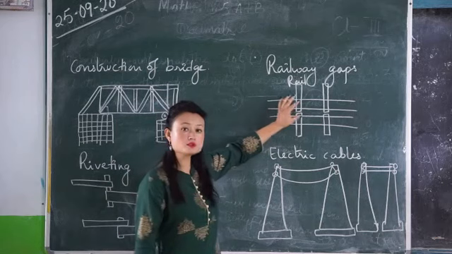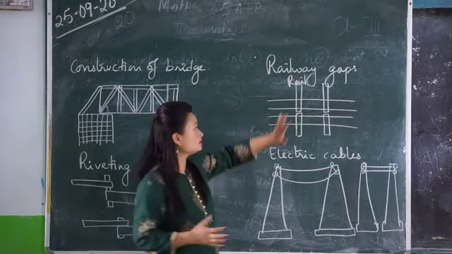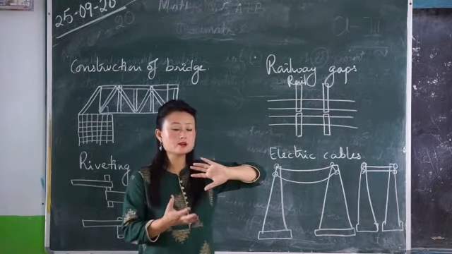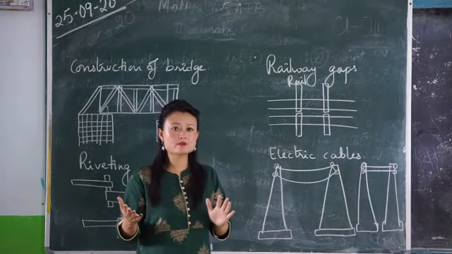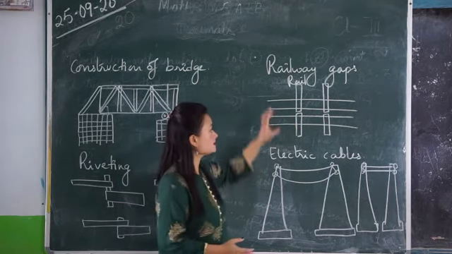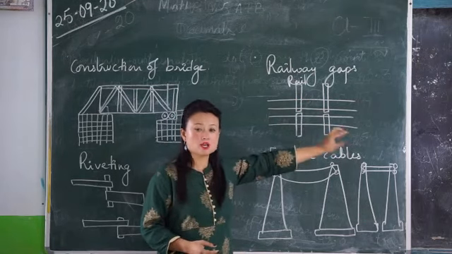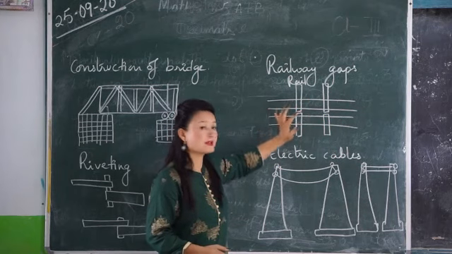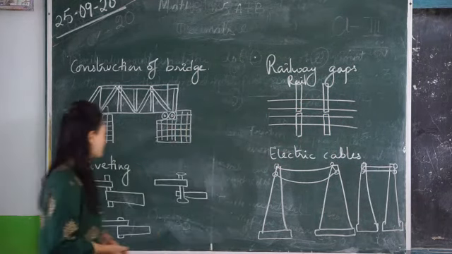If there is no space left, the metal will have no room for expansion, so the railway track will deteriorate and deviate from its path. That's why railway tracks have small gaps in between. The gaps allow the metals to expand during summer.